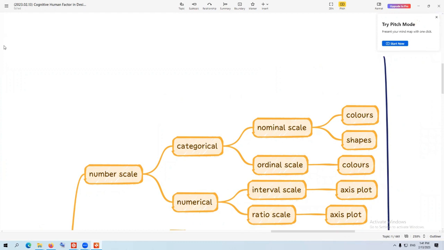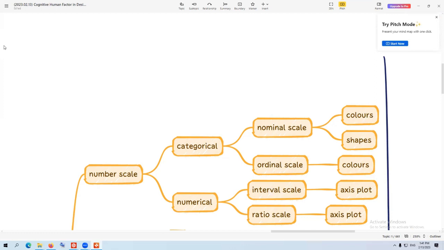It's called number scale. If you think roughly, you can break it down into categorical and numerical. Numerical means something that's naturally represented by a number. Categorical means you can put a number to it, but it's not natural.